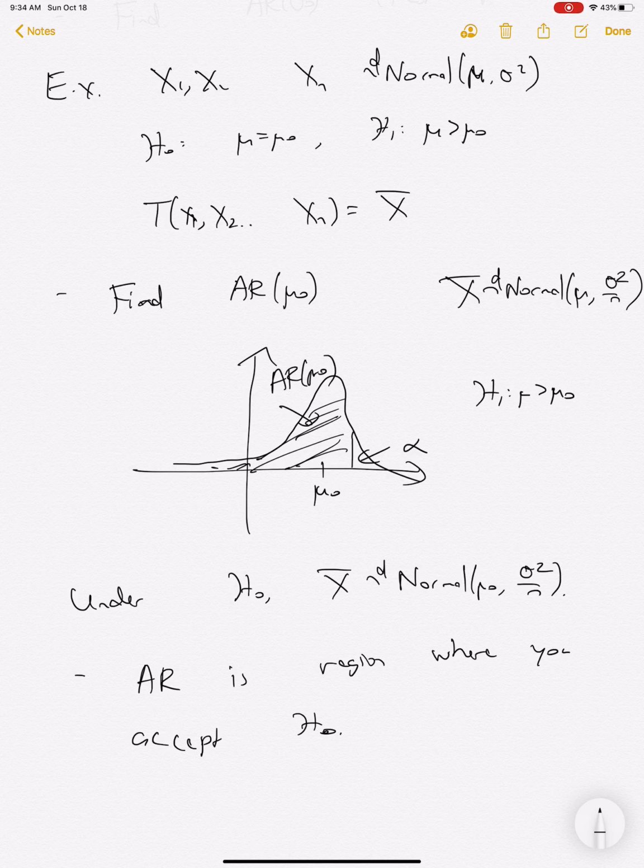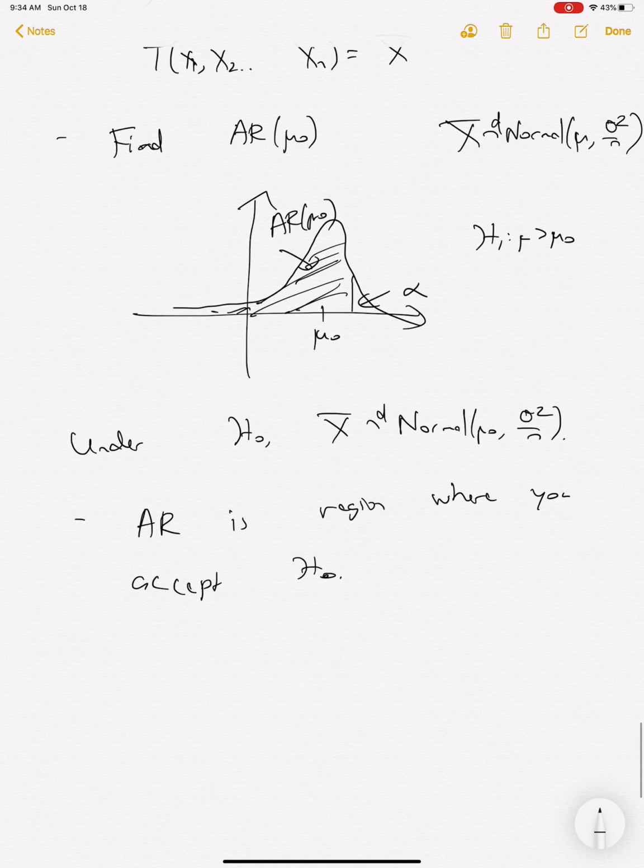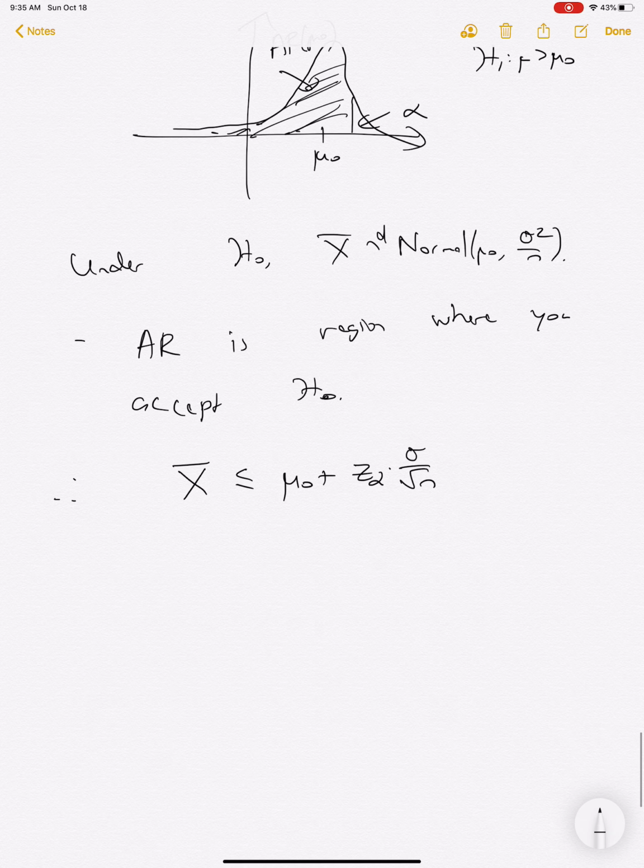And because the alternative is saying that mu is in some sense bigger than mu 0, the acceptance region has the form x bar less than or equal to mu 0 plus z alpha times sigma over square root of n. There's no alpha over 2 because it's one-sided. Okay, so this is going to be our acceptance region.